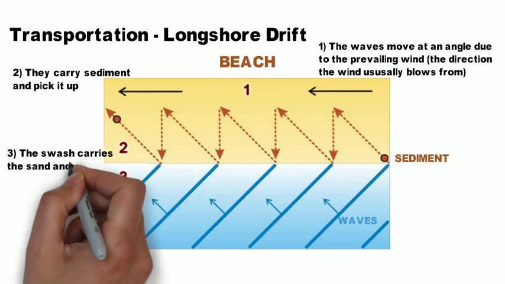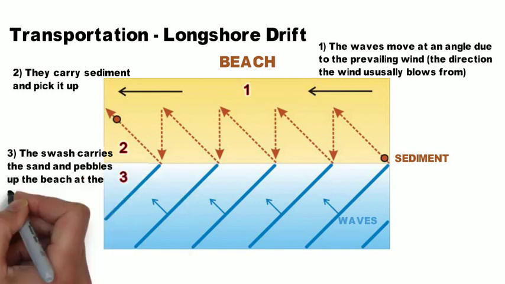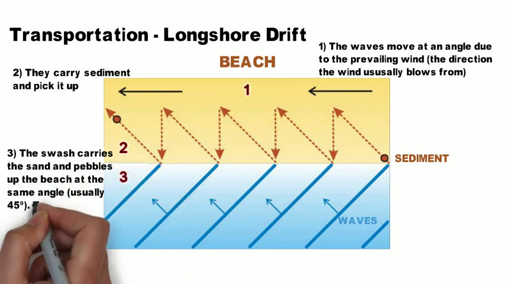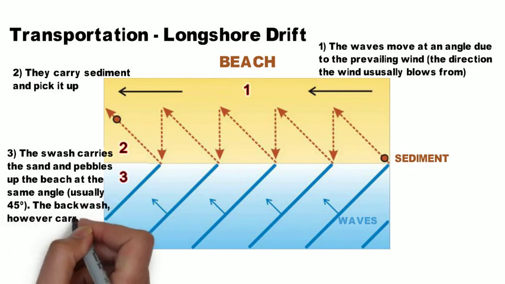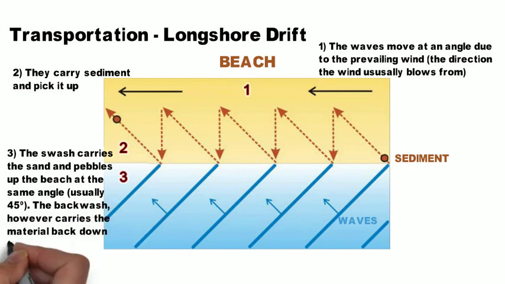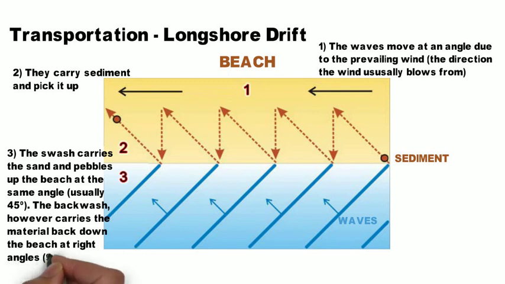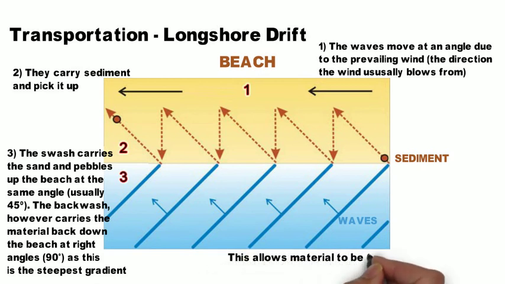The swash carries the sand and pebbles up the beach at the same angle, usually 45 degrees, and the backwash, however, carries the material back down the beach at right angles, as this is the steepest gradient. And this allows material to be transported to the west along the beach.